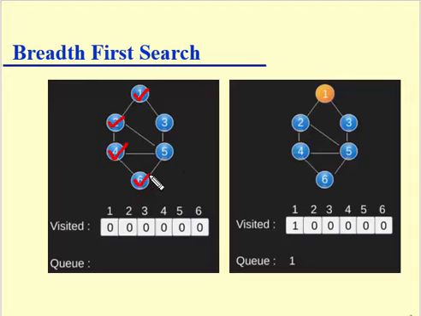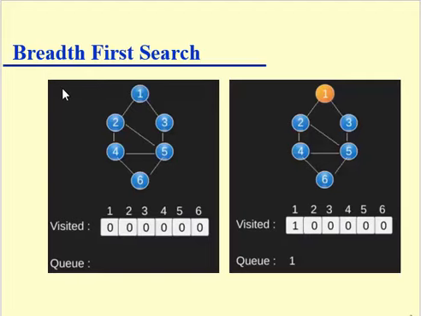Suppose it is 6, after 6 you are backtracking and going above, and then visiting 5 and then 3. So if you are using depth first search, you need to go depth-wise: starting from 1, you go to 2, then 4, then 6, then you go up. That is the main difference between DFS and BFS.